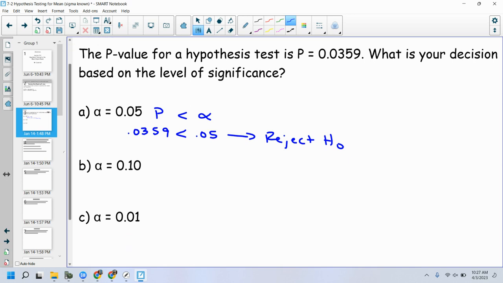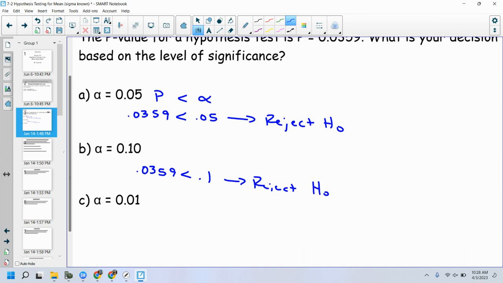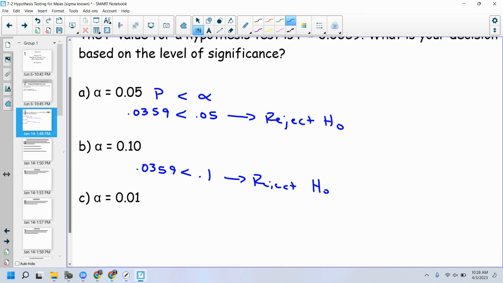So what if my alpha is 0.1? Is 0.0359 less than 0.1? Yeah. We reject it again. But can I reject it at the 0.01 level?